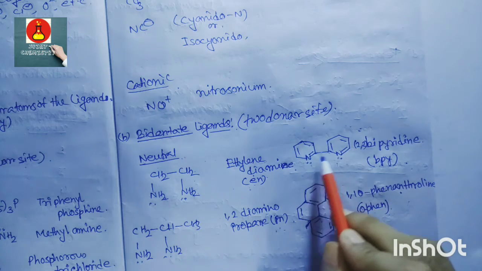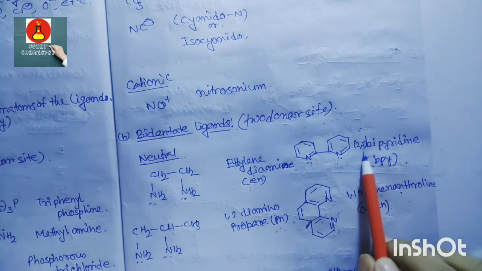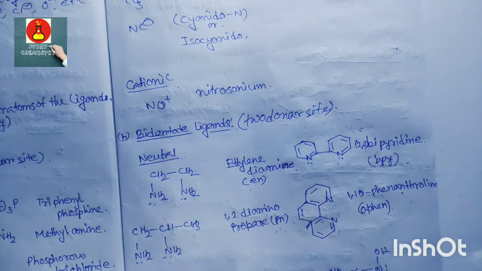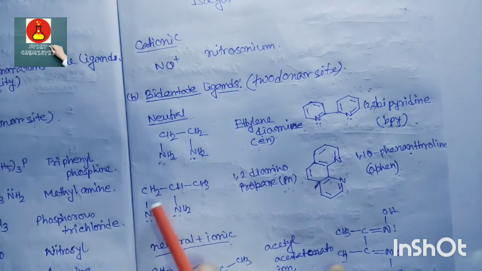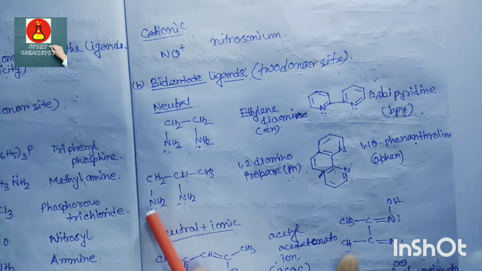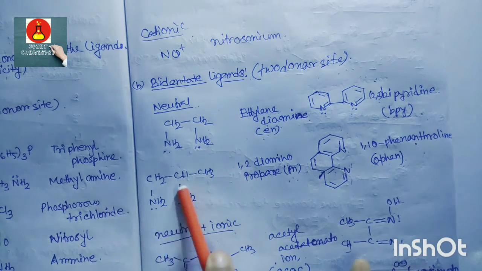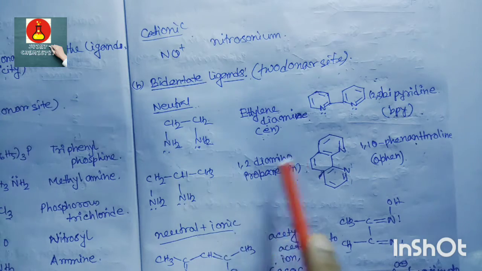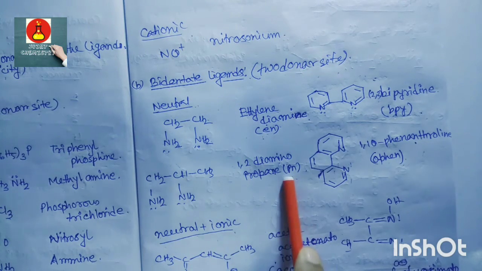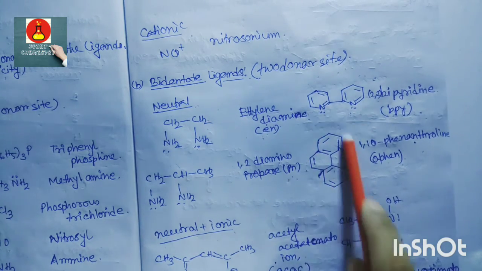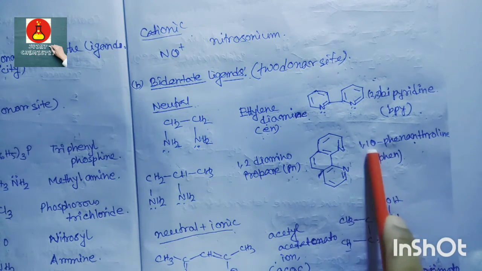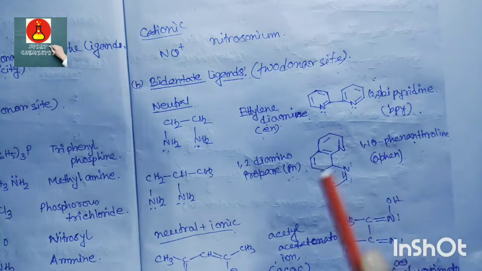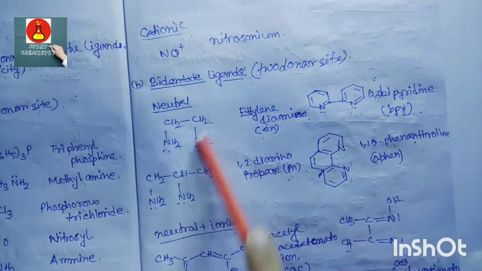They are attached by this 2 position, known as 2,2'-bipyridine. Symbol is bpy. Now this is CH2CH3 with two NH2 groups at the 1 and 2 positions, which is 1,2-diaminopropane. Symbol is pn, and this is a fused ring which is 1,10-phenanthroline. Symbol is phen. So these are all neutral bidentate ligands.